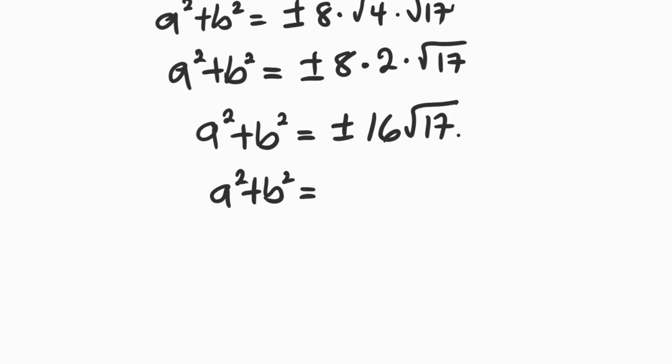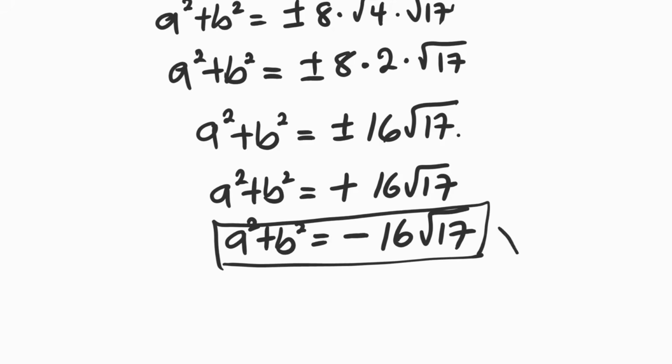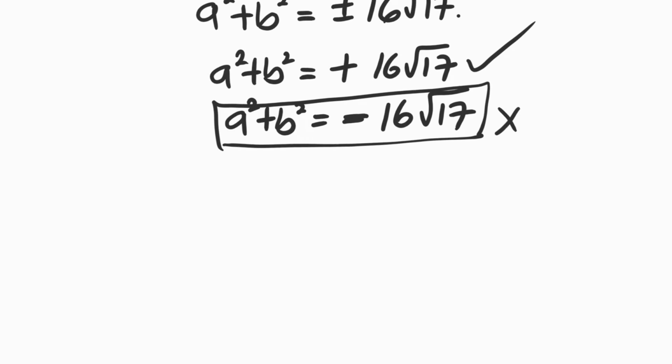We have that a squared plus b squared is equal to plus 16 root 17, and we have that a squared plus b squared is equal to minus 16 root 17. So we're going to reject the negative one because of this negative sign there, and we're going to accept the one with a positive sign. So now we have that a squared plus b squared is equal to 16 root 17.